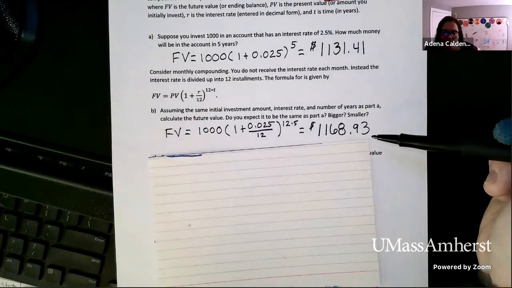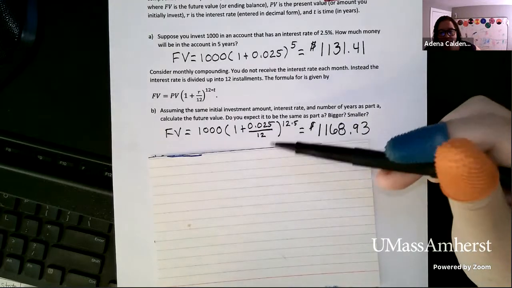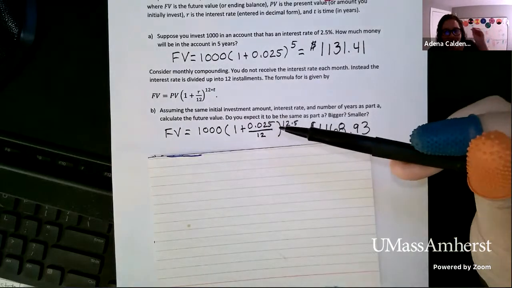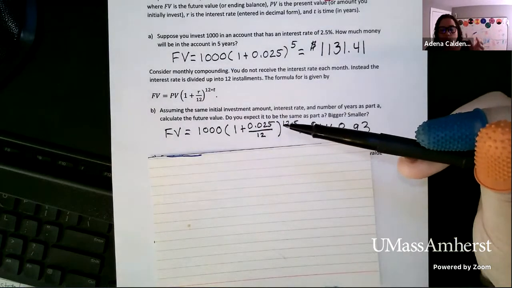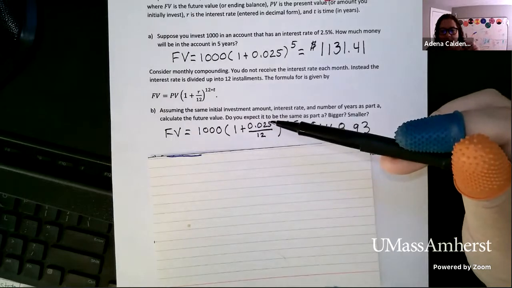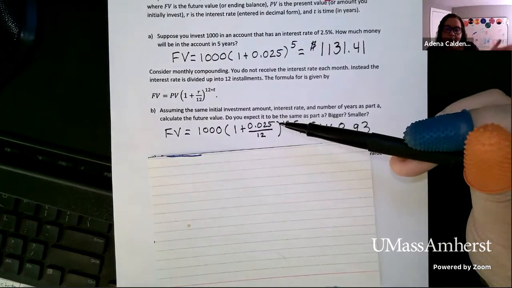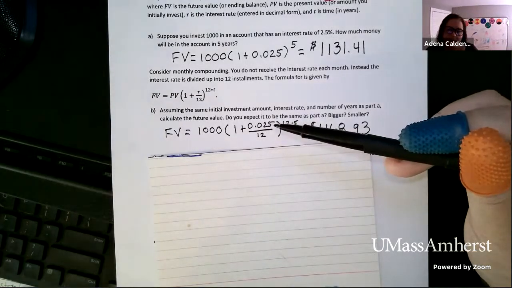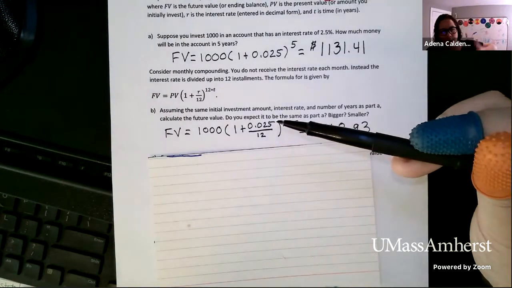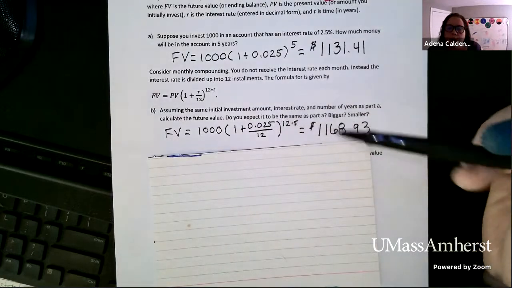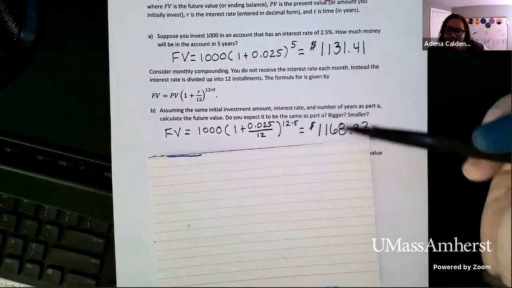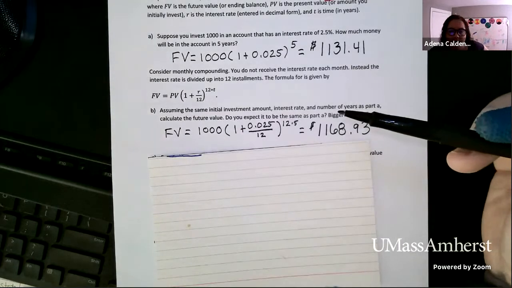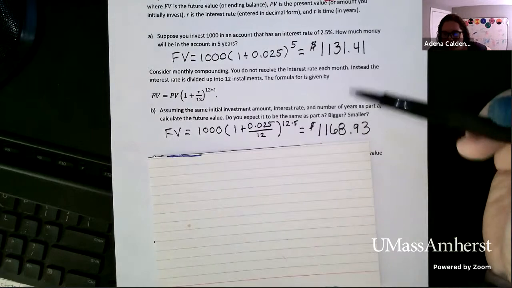So why is that true? That's true because at the end of the first month, when that little bit of interest is put into your account, even though it's only 1/12 of this percentage, the next month you make interest on the interest from the previous month. And then in the third month, you make interest from the deposits from month 1 and 2. So that adds up. It may not seem like a huge difference, but think about if you had $10,000 or $100,000 in this type of account.